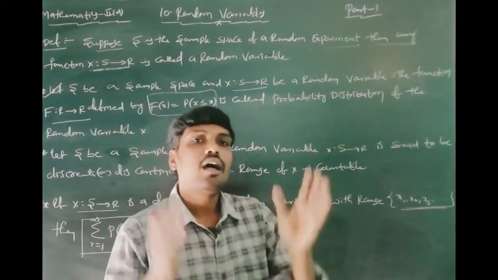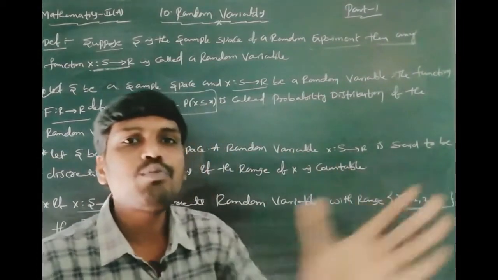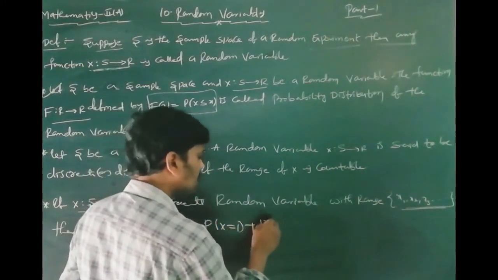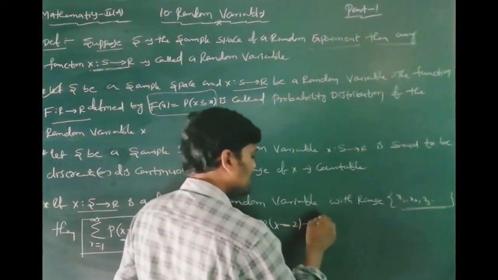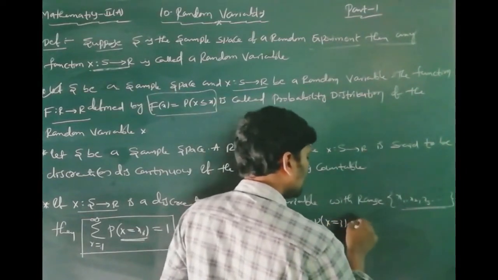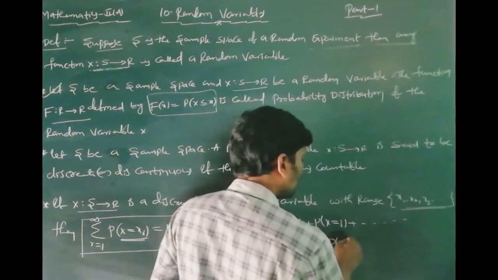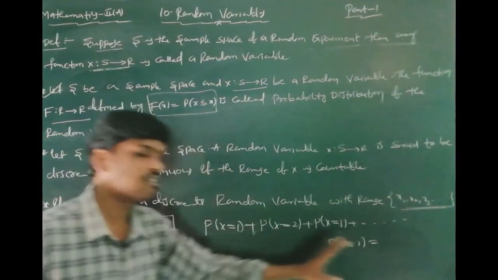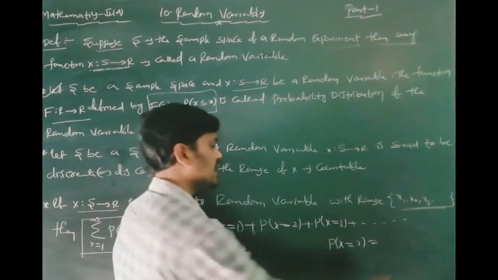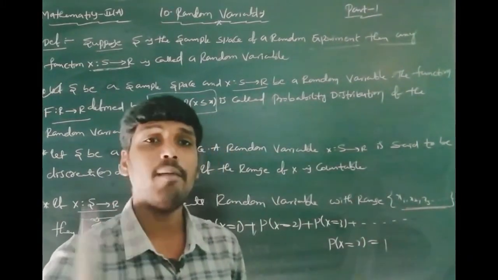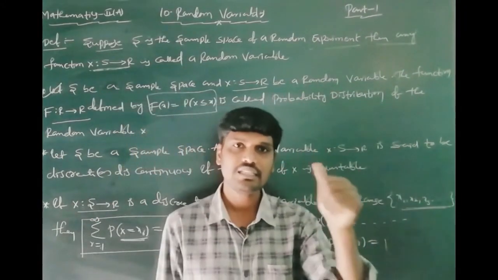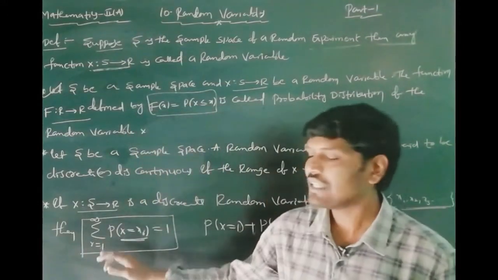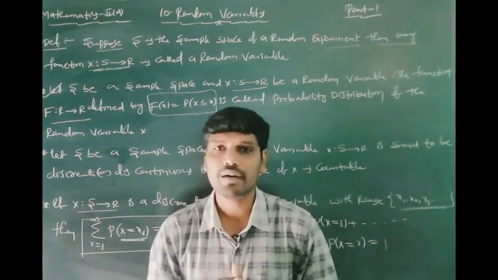The sum of all the events' probabilities, the first event probability, the second event probability, the third event probability and so on, up to the last event, must and should equal 1. This is a very important key point for solving problems in random variables. The total summation is nothing but the sum of all the probability functions.